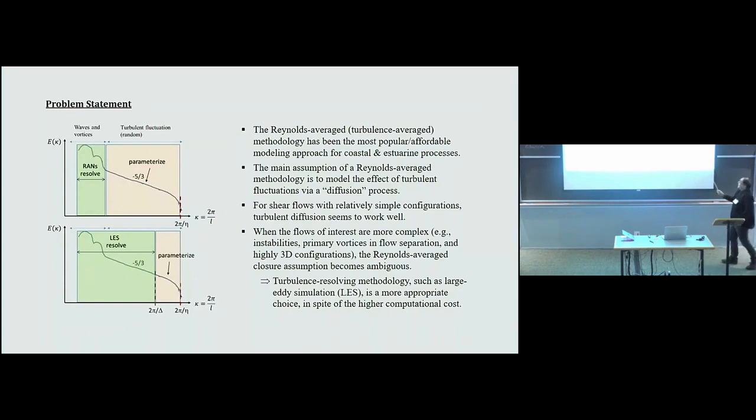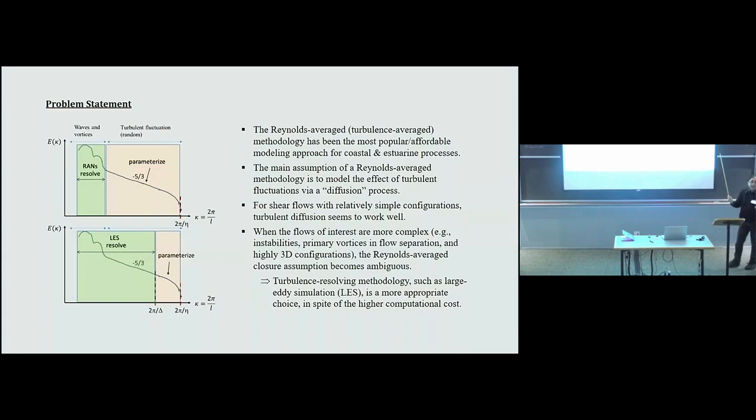This has been proven to work pretty well if you have relatively simple shear flow conditions. However, and I'm going to show you some examples today, when you have a more complex flow, such as encountering instabilities, or when you have primary vortices generated due to flow separation, then this forced separation between the resolved vortices and the subsequent energy cascade actually becomes ambiguous.